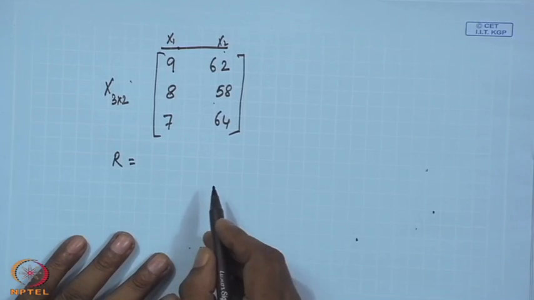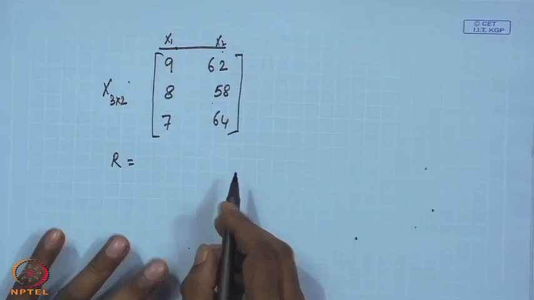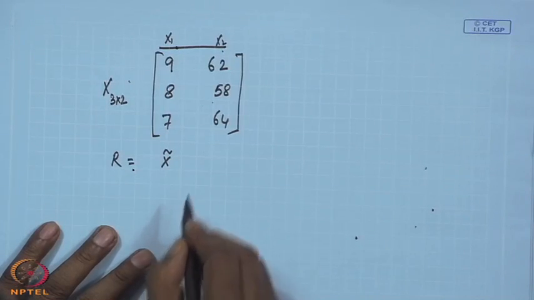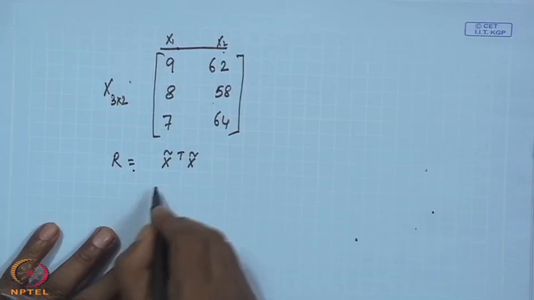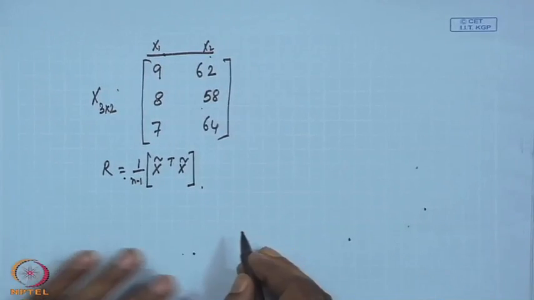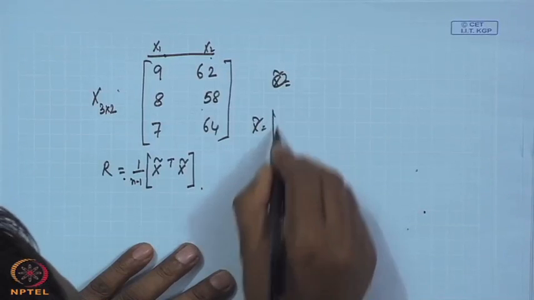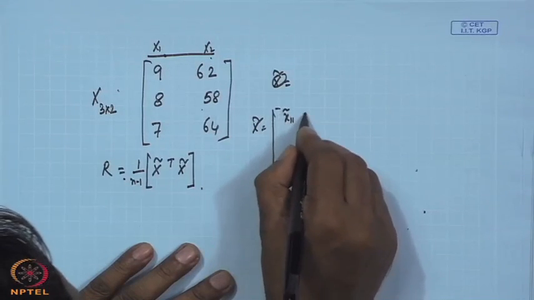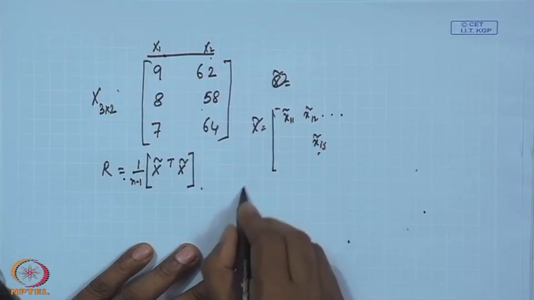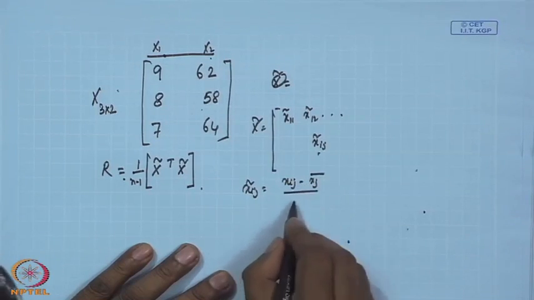I told you in the multivariate descriptive statistics class, you first find out R. R is X tilde transpose X tilde times 1 by n minus 1, where x_ij tilde is x_ij minus x_j bar divided by the standard deviation.